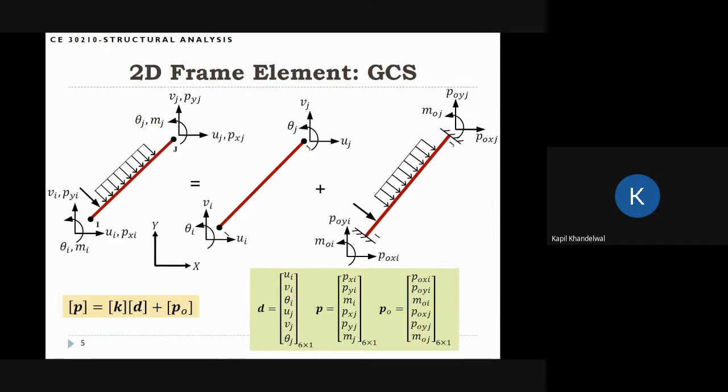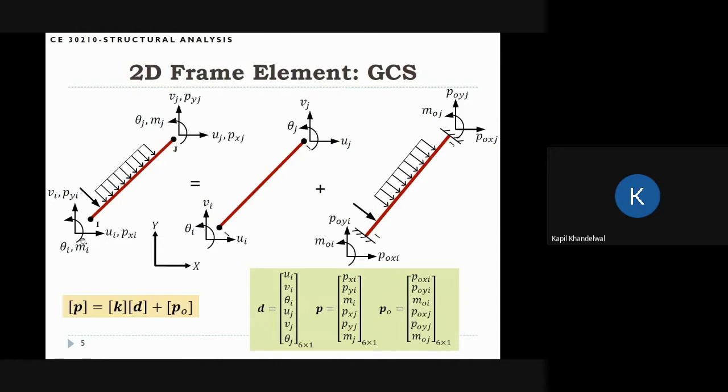So you can see that this is a frame element, and there are some loads acting on this element, okay? One important observation is that loads are acting in the local coordinate system, okay? So we'll talk about it in a moment. The degrees of freedom for a frame element are now expressed in the global coordinate system. So global x is in the x direction, and this is the global y direction.